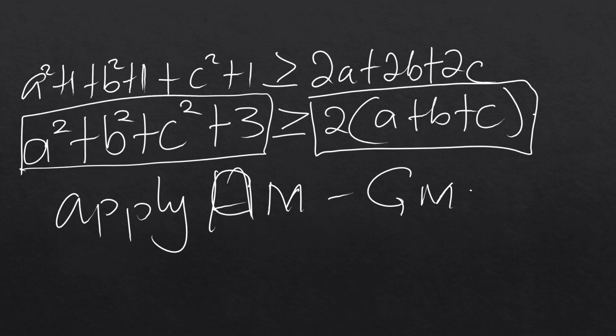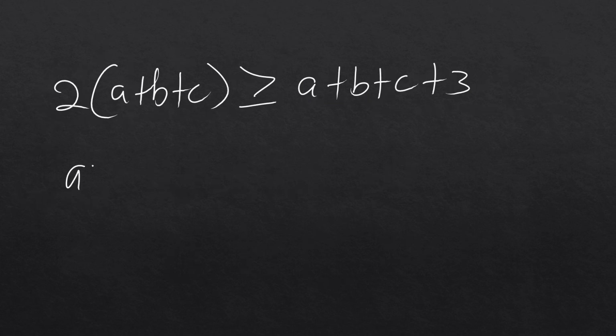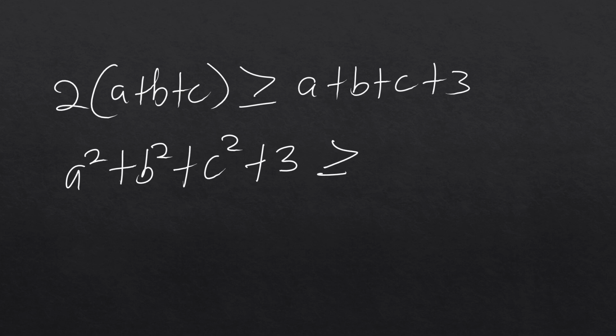So what I am going to do is to do one or two things. But remember what we are looking for. We want to prove that a squared plus b squared plus c squared plus 3 is also greater than or equal to a plus b plus c plus 3.